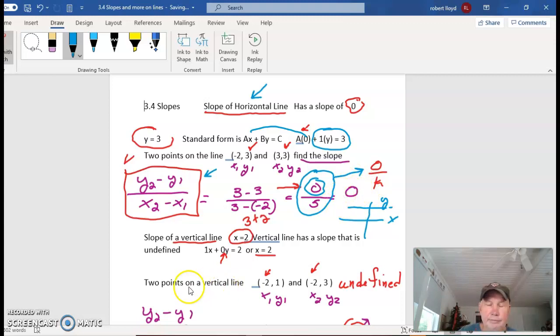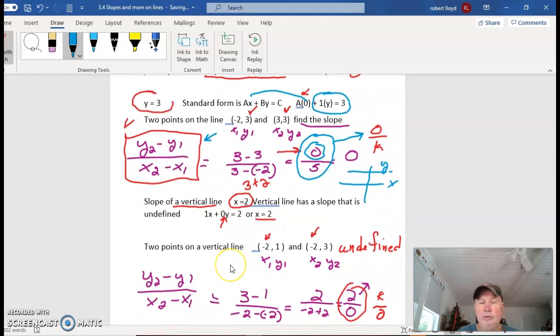So a vertical line would be something like x equals 2, where you're not given a y value. So there's 0 y's. If there's 2 points on a vertical line, negative 2, 1 and negative 2, 3, you'll notice that the x values are the same.